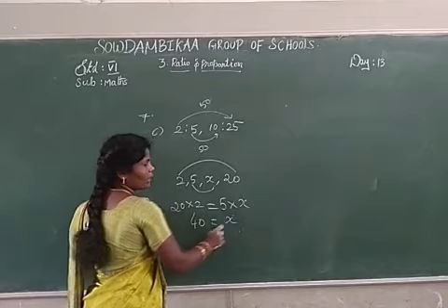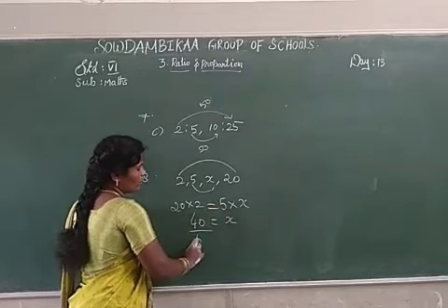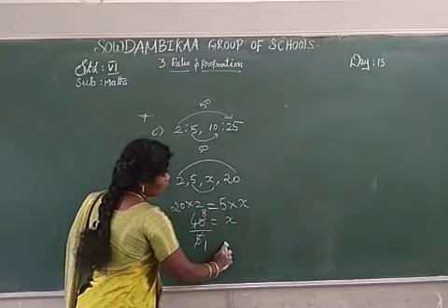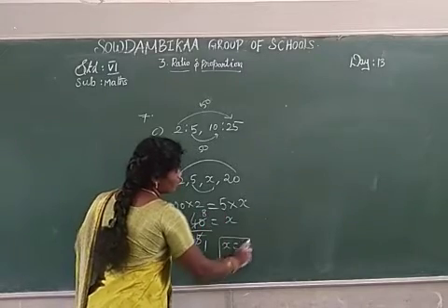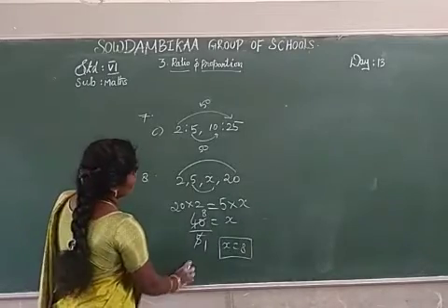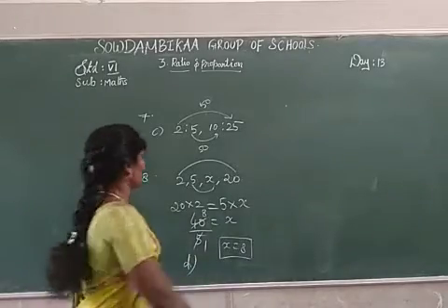Keep x on one side. Next divide 40 by 5. 8 5s are 40. So x is 8. The answer is 8. Which one is the answer? D is the answer.